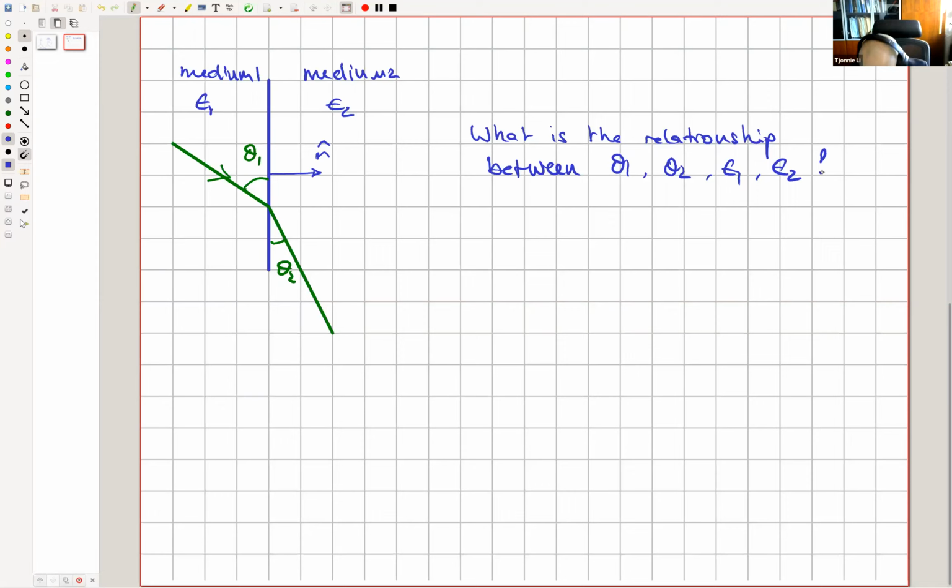So let's see how we would tackle a problem like this. Now remember again, when we look at interfaces, when we go across boundaries, it is important to always just write down one very stable thing, and that's the boundary conditions. Okay, so let's just not do anything except for writing down the boundary conditions. So for dielectric materials, what is the boundary condition between say some medium 1 and medium 2?